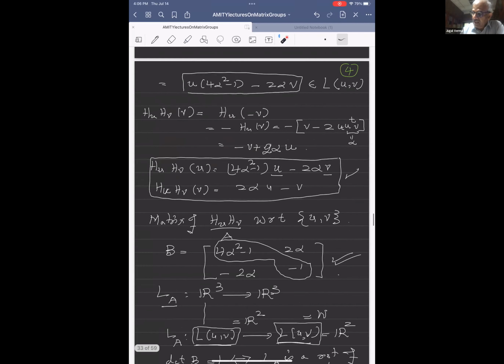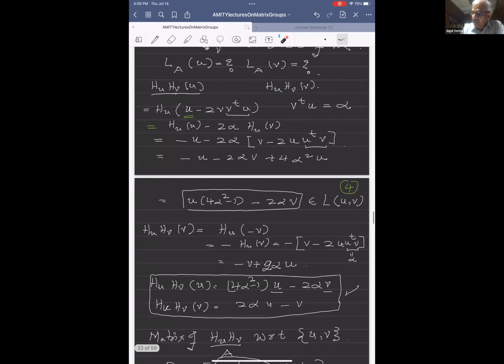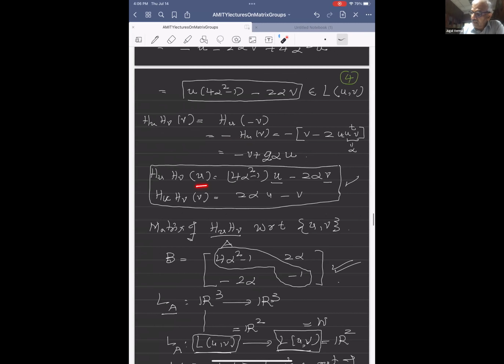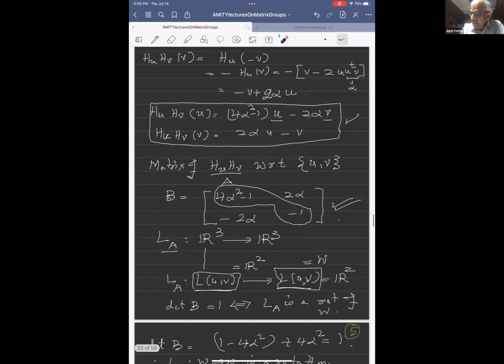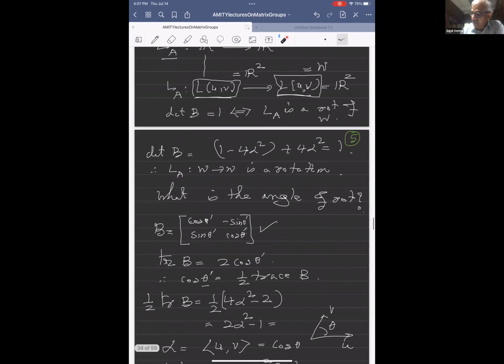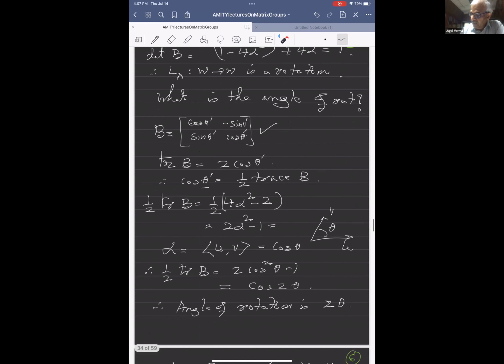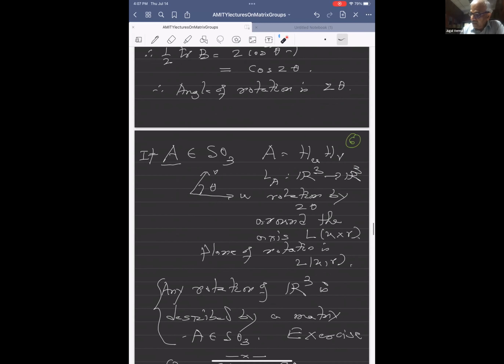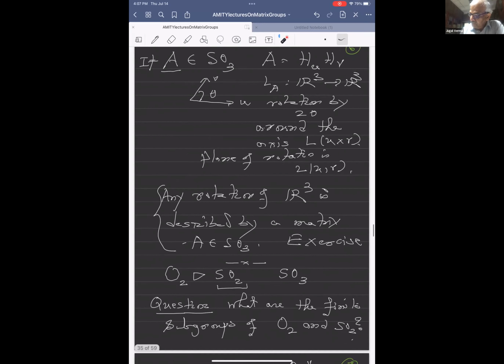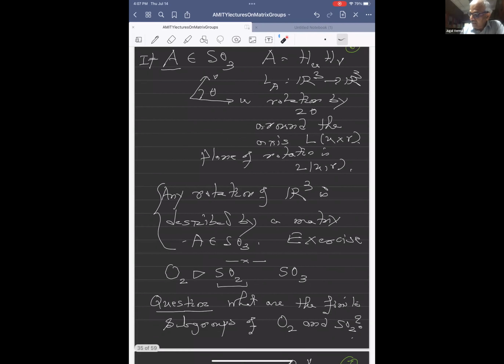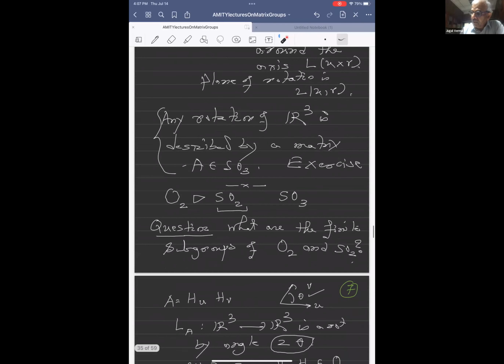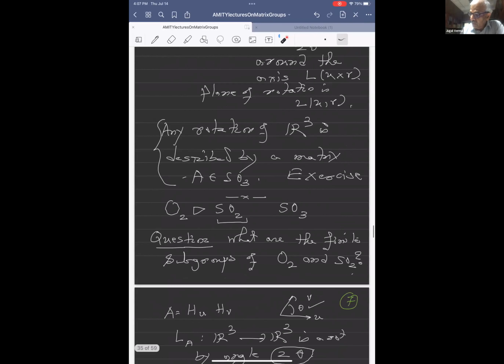HU, HV maps U to a vector which is a linear combination of U and V, and V was also mapped to a linear combination of U and V. And U and V are linearly independent. So we found the matrix of this linear transformation with respect to U and V, and then computed the angle of rotation. And then I discussed the finite subgroups of O2 and SO2.